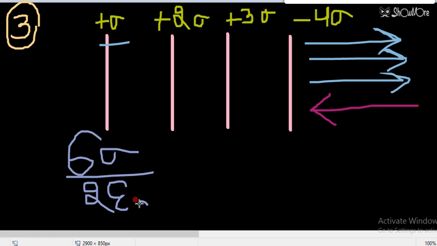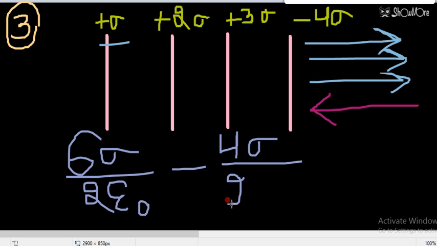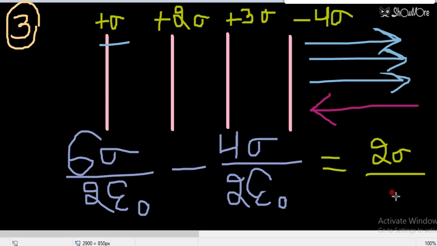Towards the left direction it is 4 sigma by 2 epsilon naught. So from 6 sigma by 2 epsilon naught we have to subtract 4 sigma by 2 epsilon naught. So it will be equal to 2 sigma by 2 epsilon naught.